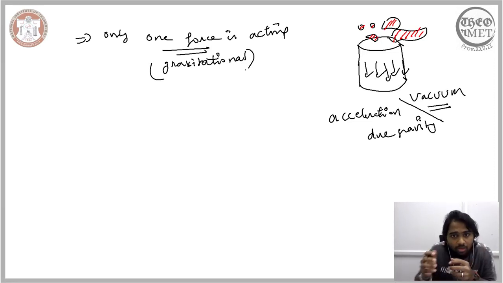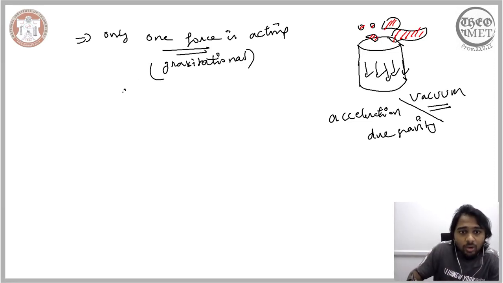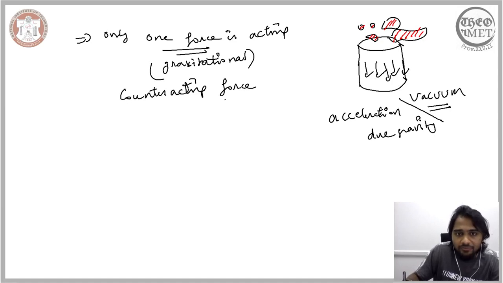So for that what we need is a counteracting force, so that this counteracting force, in addition to the downward pulling gravitational force, ensures that the particles travel at a velocity that is dependent on their sizes.